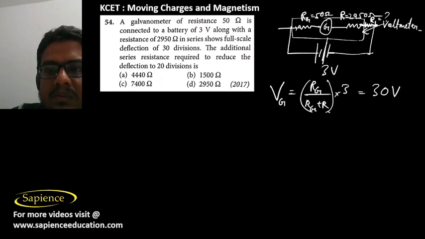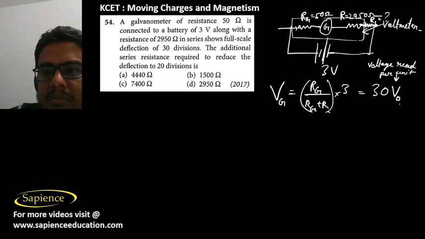So 30 into V naught, where V naught is the voltage that is read per unit deflection in the galvanometer.